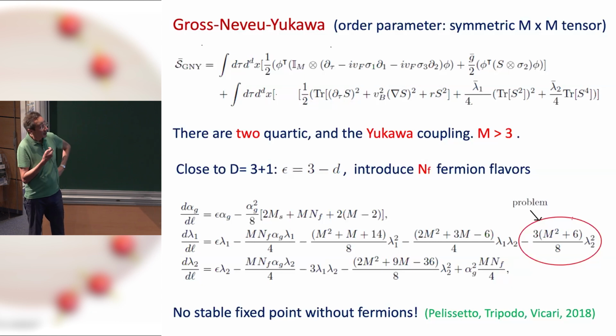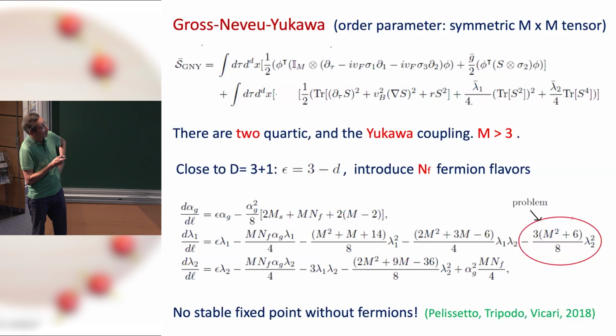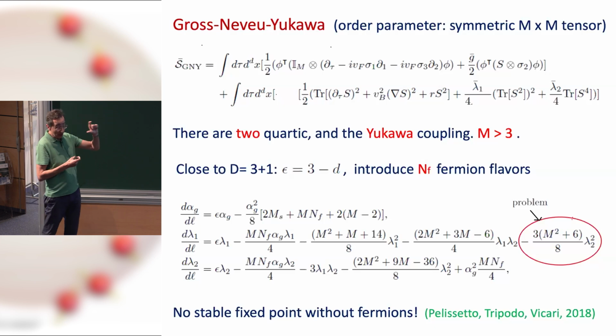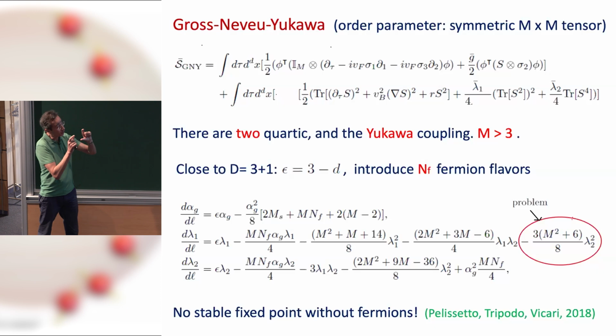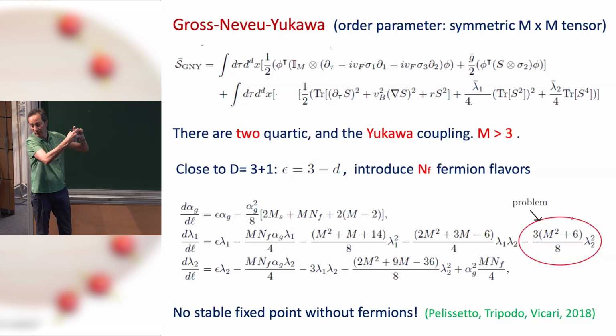Our theory has the fermions coupled to this, of course. So there is an additional Yukawa coupling that also gets into these equations. And I also generalize this to NF fermion flavors. The dimension of a fermion is tied to the dimension of the matrix, but nothing stops me from looking at more than one such fermion. The Gross-Neveu model would correspond to NF being exactly equal to 1.